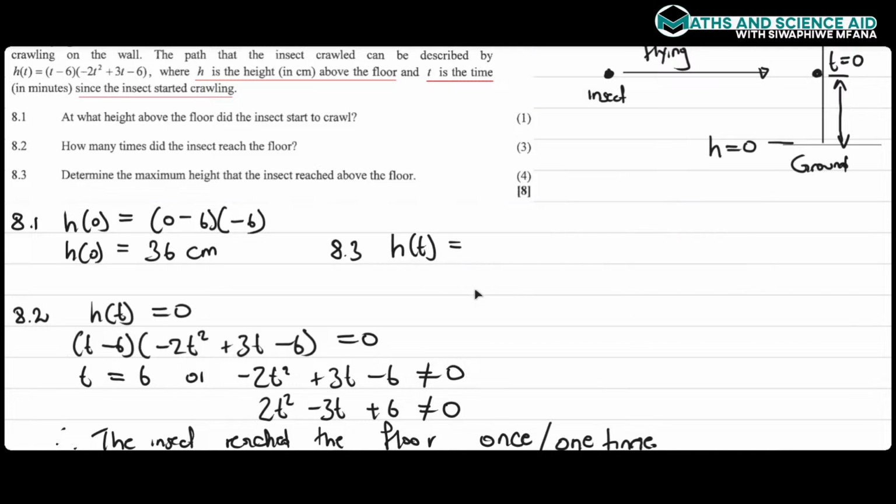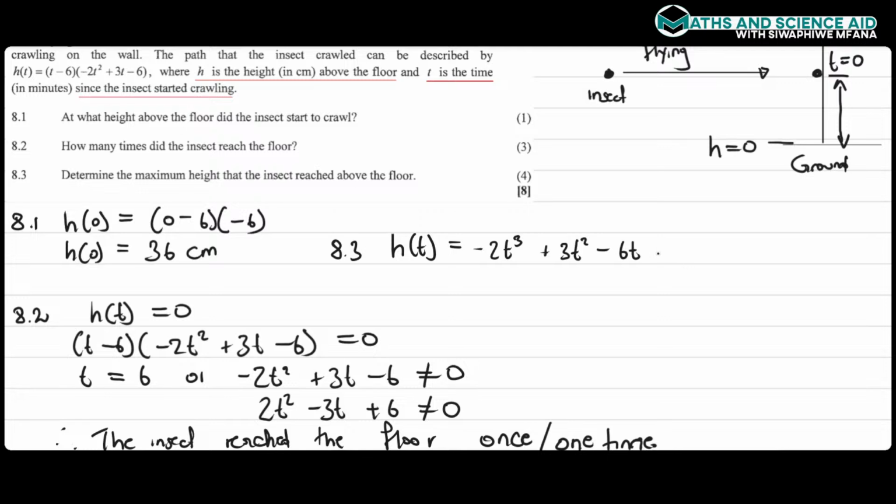So we will have t multiplied by negative 2t squared, that will be negative 2t cubed, and then plus 3t squared, and minus 6t. Okay, and then we multiply by negative 6.